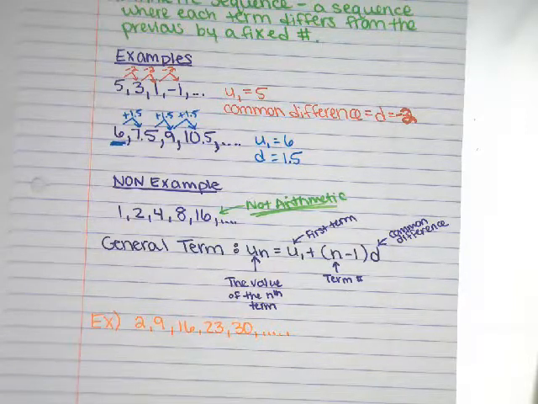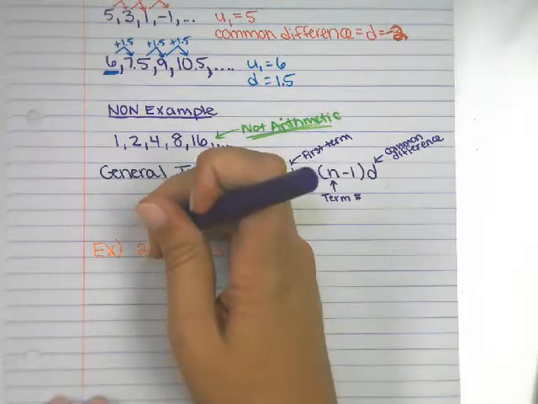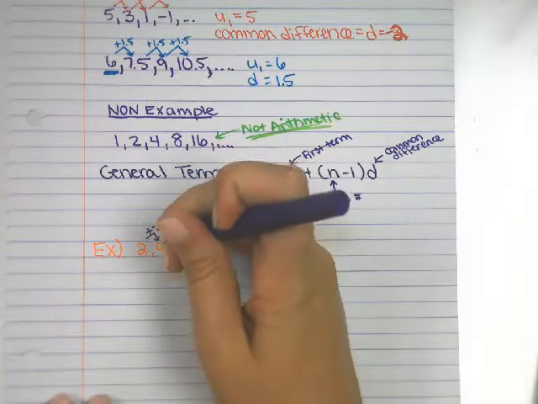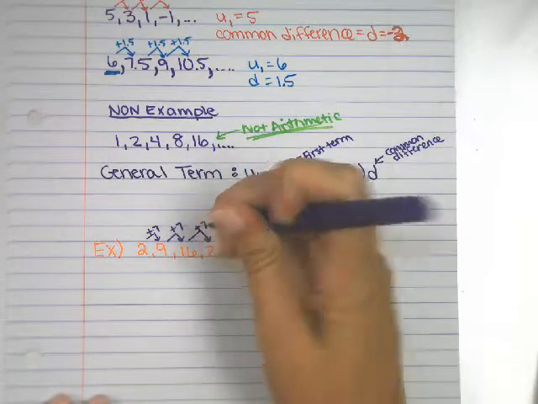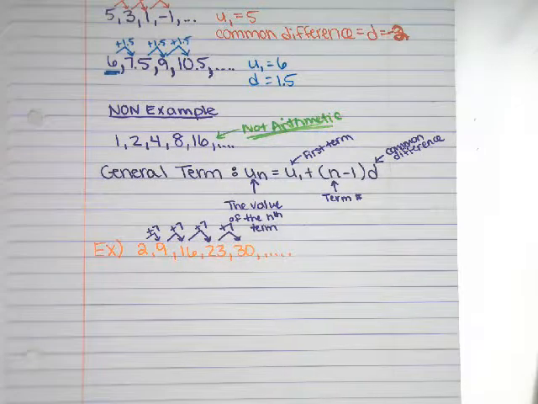It has to be increased or decreased by a certain number each time. To go from 2 to 9, we add 7, and then we check to see if that continues to work. 9 plus 7 is 16, good. 16 plus 7 is 23, so far so good. And 23 plus 7 is 30. So that is an arithmetic sequence.